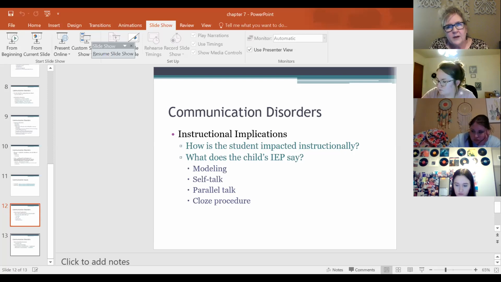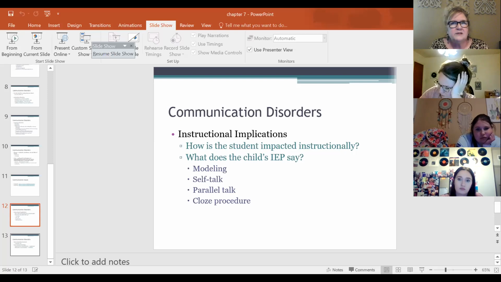We want to pair them with kids who have appropriate speech so that they can have those good models of what appropriate conversation and appropriate speech sounds like at all times. And so kids who have difficulty with speech should be sitting next to kids who are really good at oral language. And then we want to give them lots of opportunities to put appropriate speech into practice themselves.